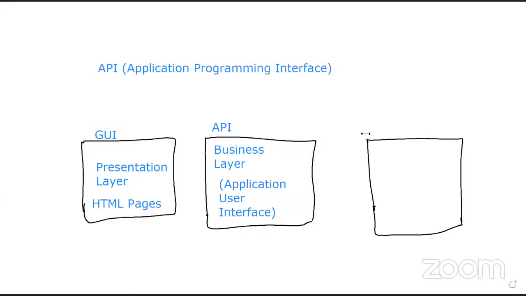How is everything maintained accurately? It is maintained in the database. So this is your database layer. In the database layer, all that information is stored and then validated using the APIs.